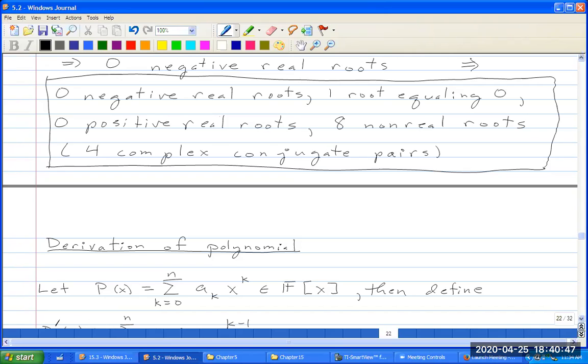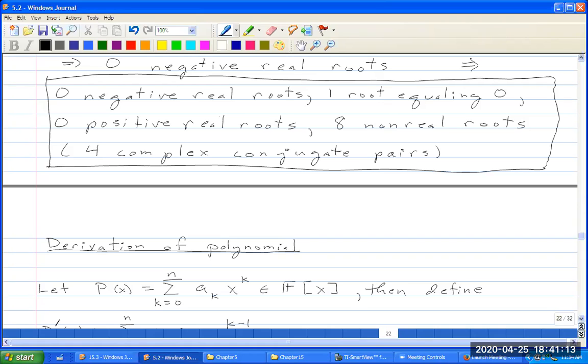Okay, so now I guess I'll talk about a modification of Descartes' rule of signs. With this modification, we can actually tell how many roots there are in a particular interval on the real line.